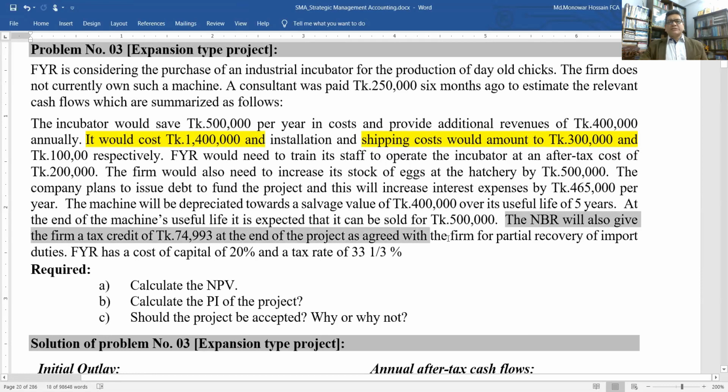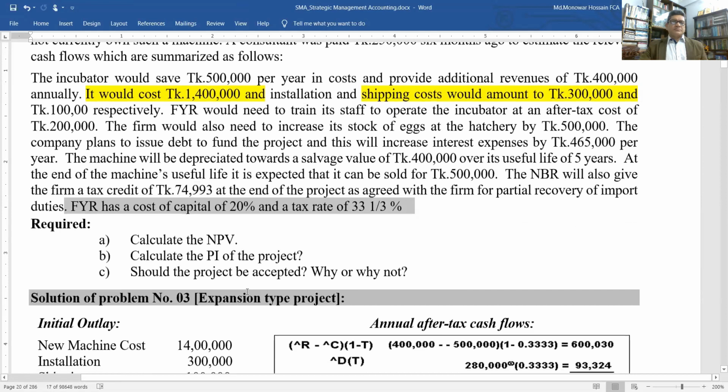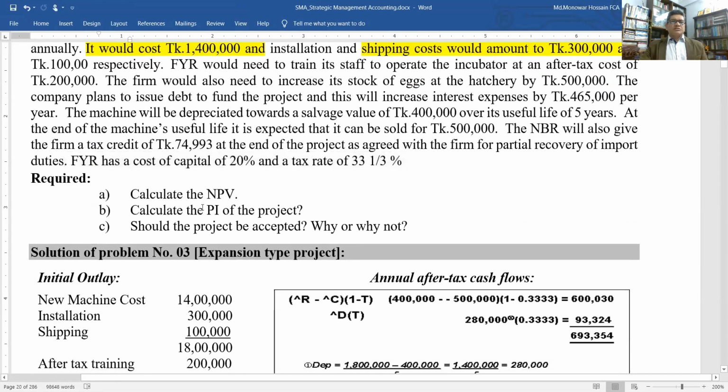At the end of the project, the firm has a partial recovery of imposed duty. Cost of capital 20%, and the tax rate 33.3%. NPV calculation, PI calculation, is the project acceptable or not. Is the working?